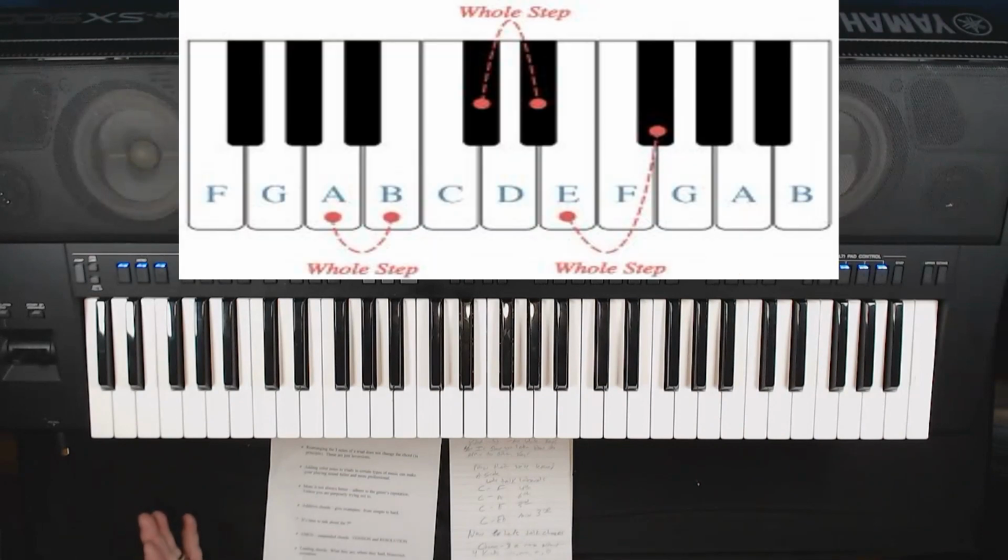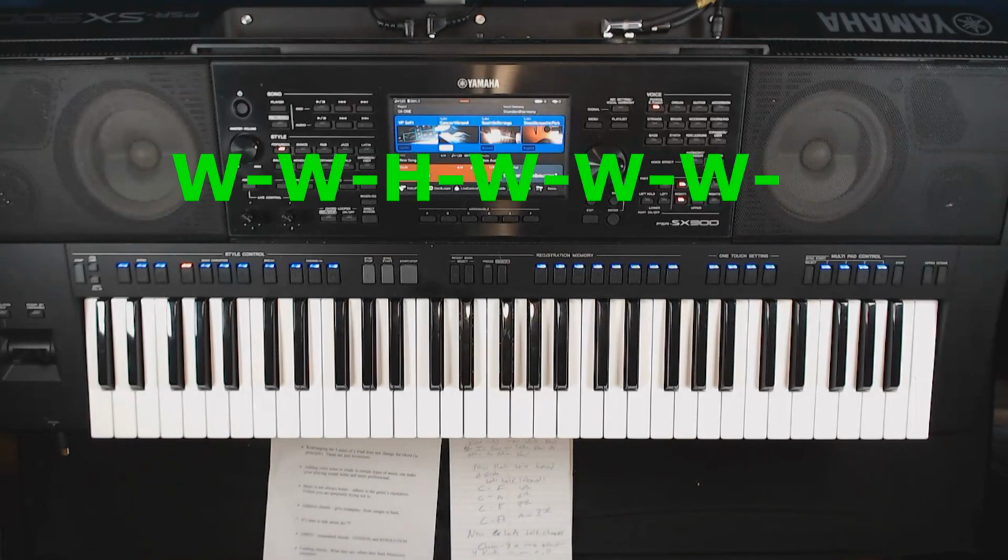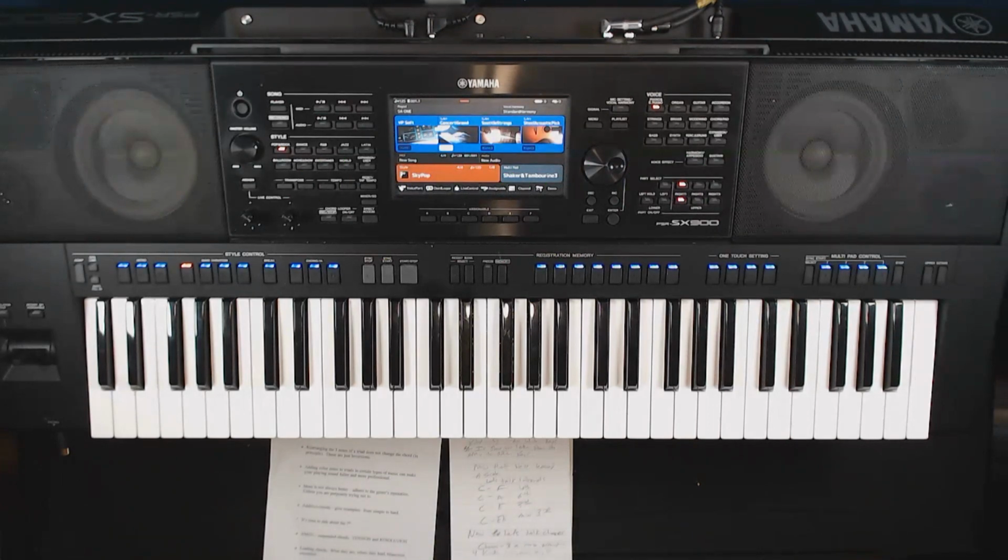Using those distances, we can now find the notes for the do, re, mi, fa, sol, la, ti, do major scale. Here's the formula. It's W, W, H, W, W, W, H. You might be thinking, what does that mean? Well, we're going to start with the root note.